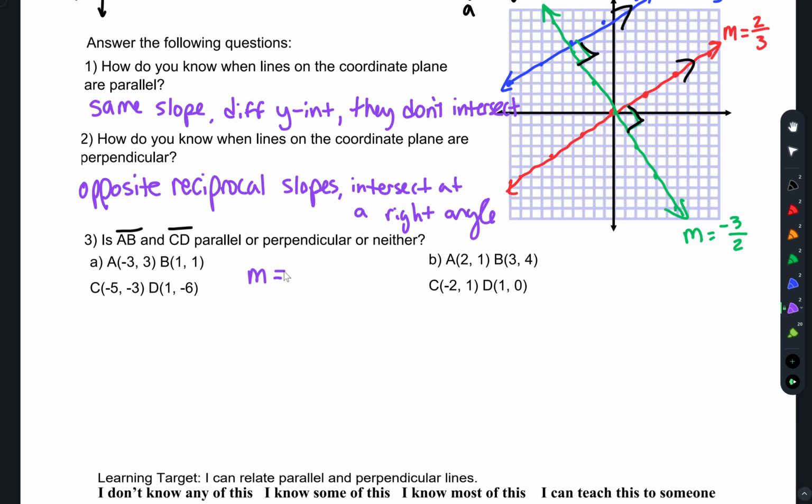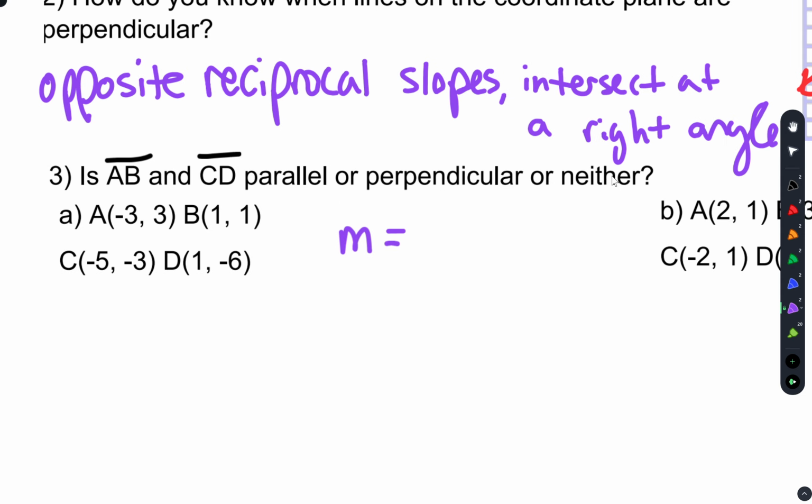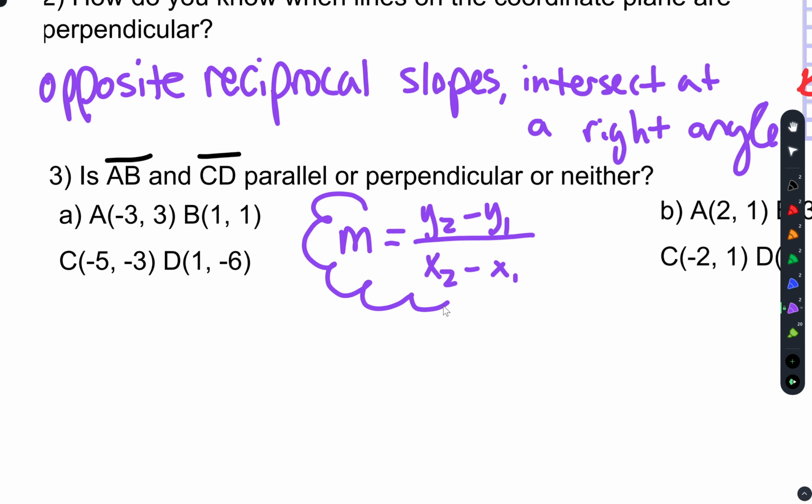Anybody remember? Well, it's rise over run, right? So rise is the change in y values, y2 minus y1, over the change in x values, x2 minus x1. That is our slope formula. If you do not remember how to find a slope, you need to remember real fast.